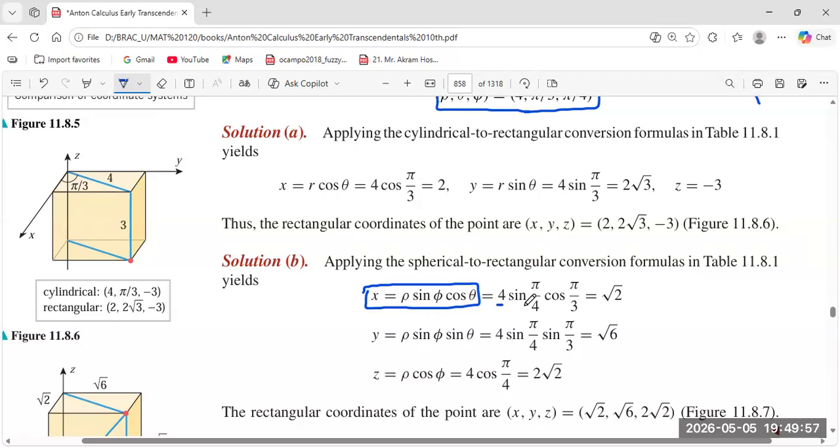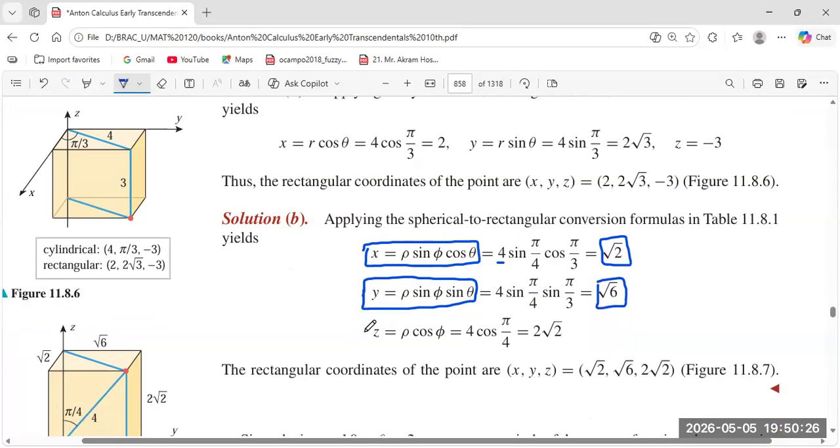So rho is 4, phi is pi by 4, and theta is pi by 3. So ultimately the x quantity in the rectangular coordinate system is root 2. And y, from the spherical to rectangular formula, is rho sin phi sin theta. If we use all these quantities, the y quantity is root over 6. And z is simply rho cos phi, so 4 times cos pi by 4, which is 2 root 2.